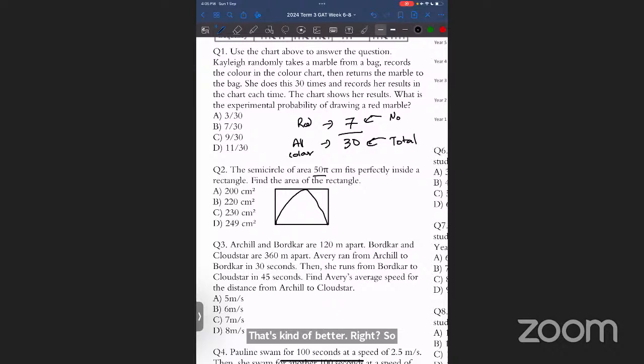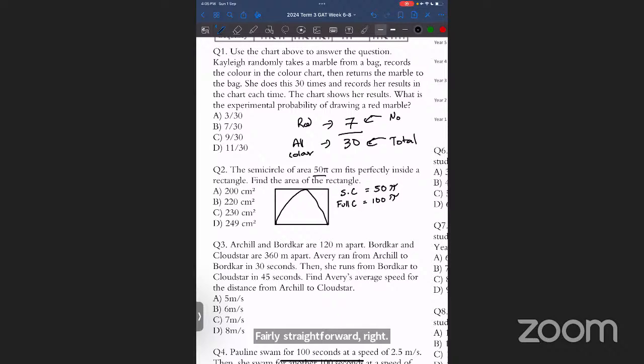Now, you guys know that a semicircle literally just means half of a circle, right? So if the semicircle, SC, meaning semicircle, is equal to 50 pi, then the full circle should equal 100 pi. Fairly straightforward, right?